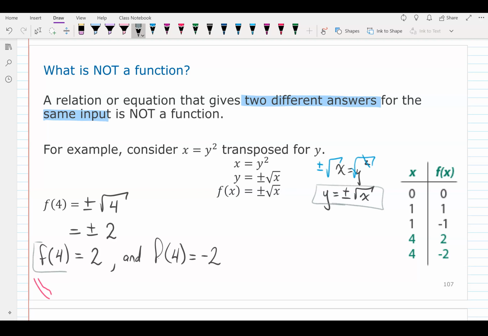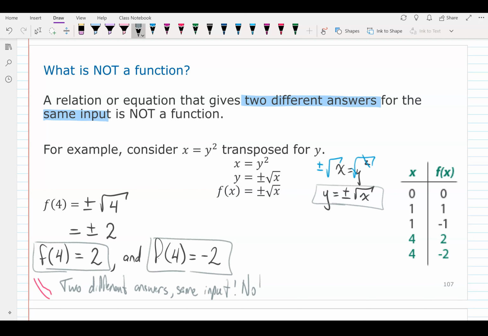So you get 2 outputs of the same input. Or to be specific with the terminology above, you have 2 different answers for the same input. You put in 4 and we're getting 2 different answers. So this is definitely not a function.